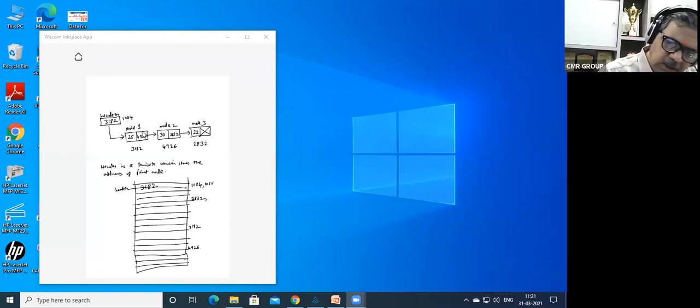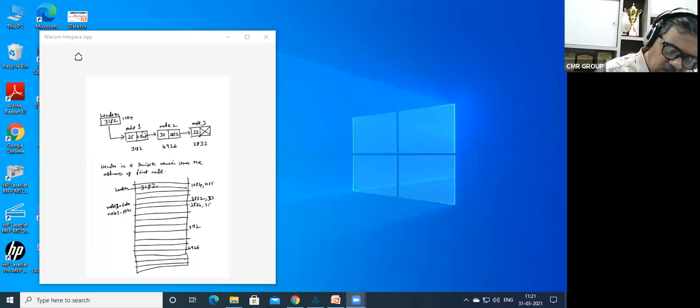The first part, 2832 and 33, is going to store node 3 dot data, and 2834 and 35 is the address part, it is going to store node 3 dot ptr.